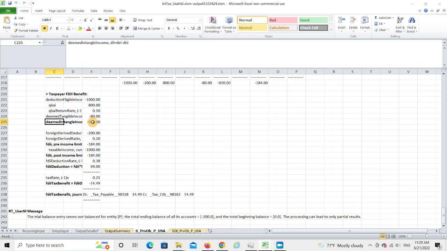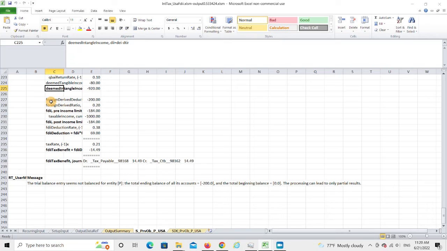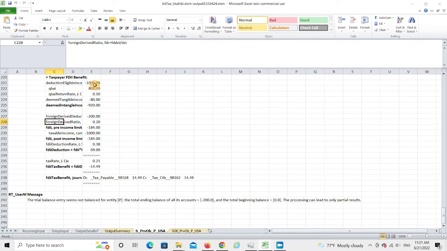And further down, the next part, foreign derived deduction eligible income is 200, as we calculated earlier. And so therefore, the foreign derived ratio is 200 over 1,000, so it's 20%.